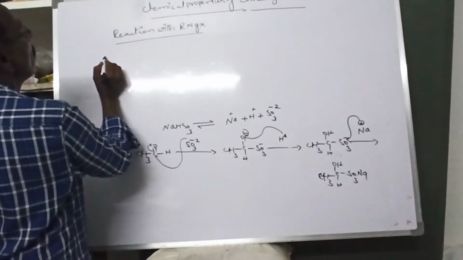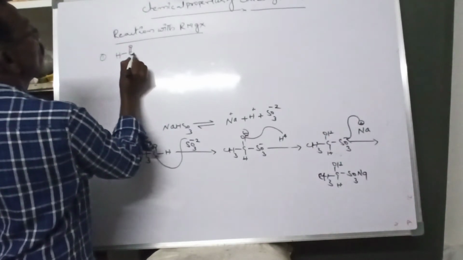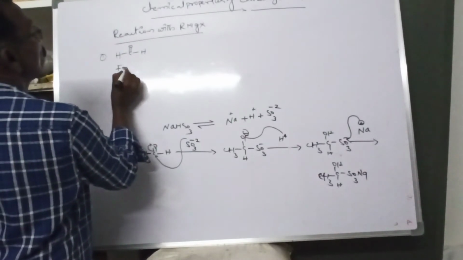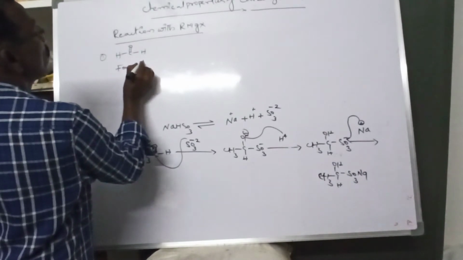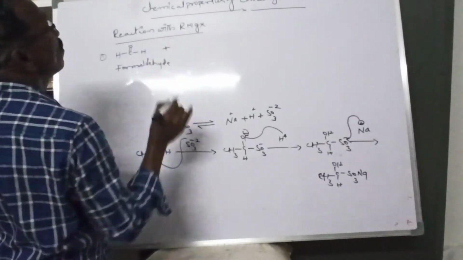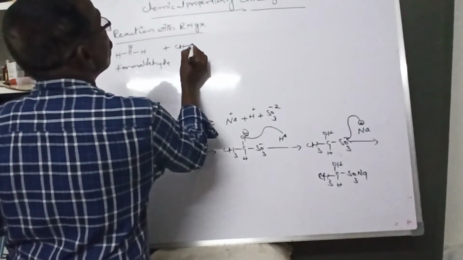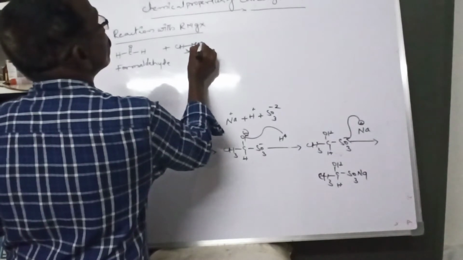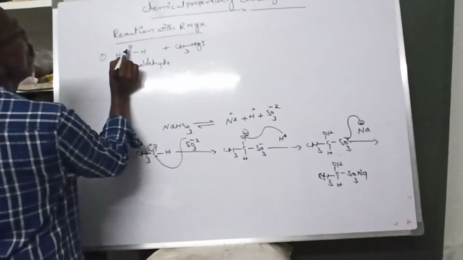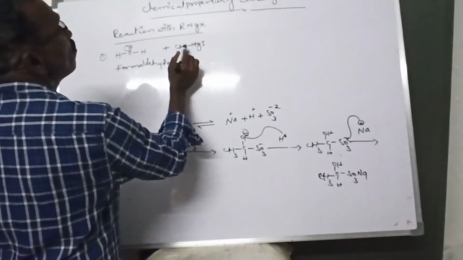If you take the first compound, formaldehyde, HCHO, and react it with Grignard reagent, that is alkyl magnesium iodide or bromide, here methyl magnesium iodide. It has a carbonyl functional group, and you know already what happens here: the bonded electrons go to oxygen.